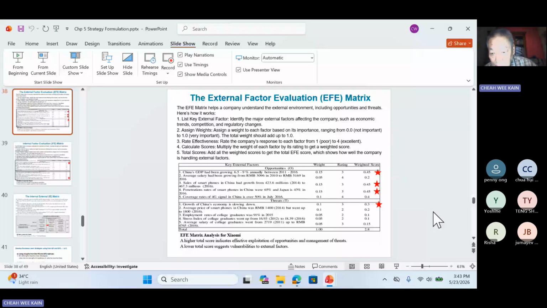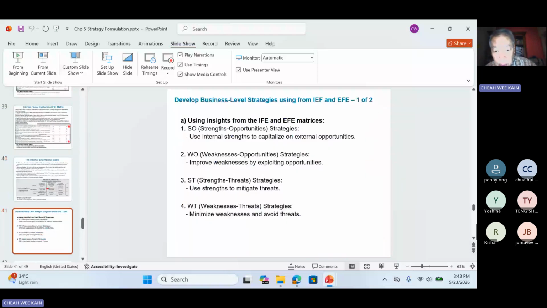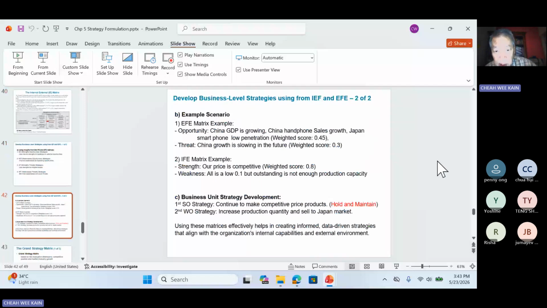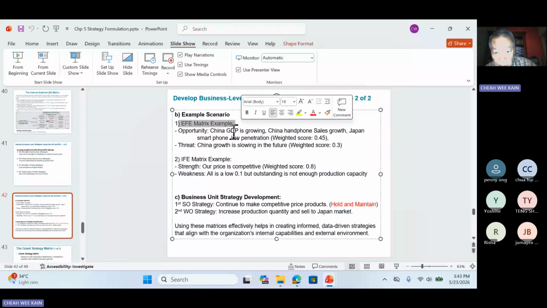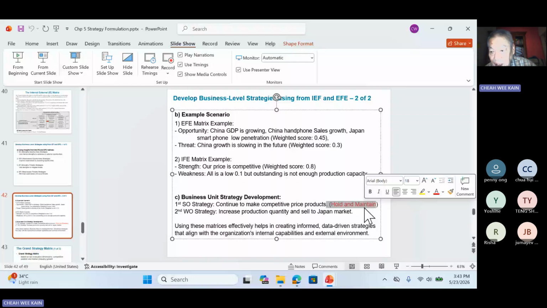Then look at where your wonderful stars are. Then actually write down your IFE and EFE example, and looking from here, try to make your own strategy considering the color, whether you are growing, hold or maintain, or you are loser. Okay? That will give you training on how to do this.